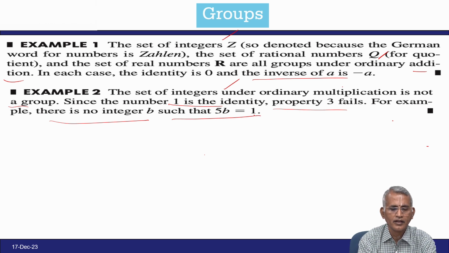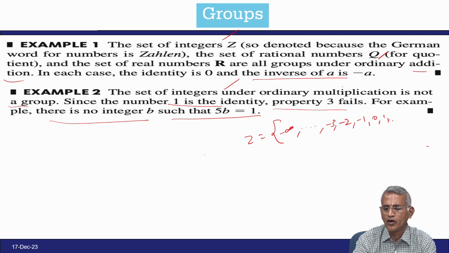So that is why the set of all integers under ordinary multiplication is not a group, because 0 is also included: Z equal to minus infinity, minus 3, minus 2, minus 1, 0, 1, 2, 3 and so on to infinity.